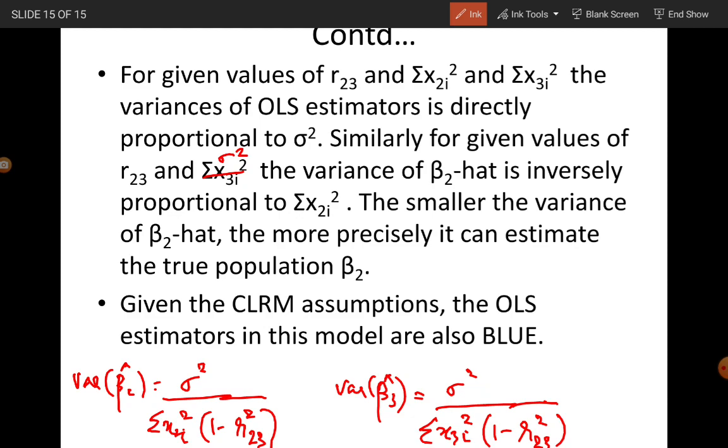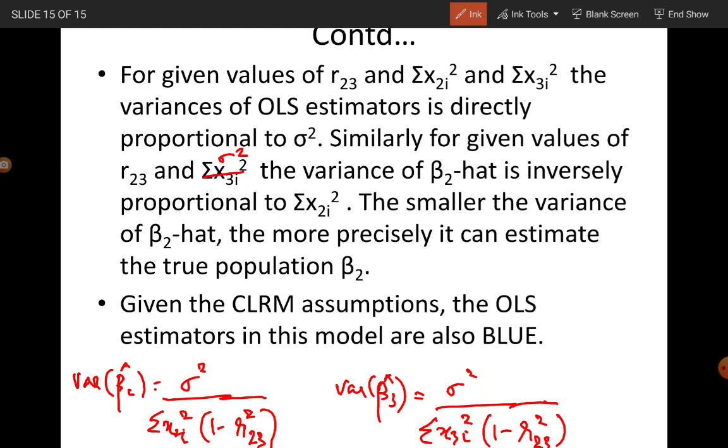Similarly, for given sigma square and r23, the variance of beta 3 hat will be inversely proportional to summation x3i whole square.